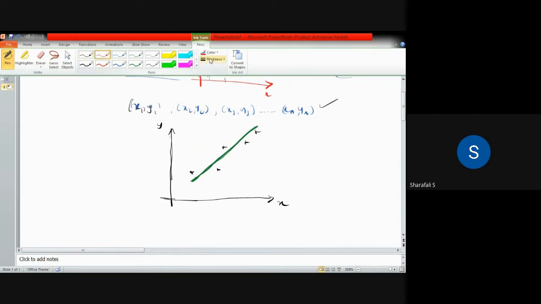In this case, you will have different points on this line for all these x values. That one has to be somewhere here, and here, and here.